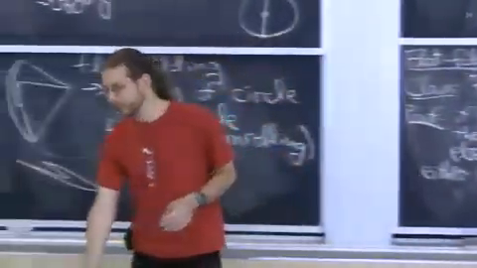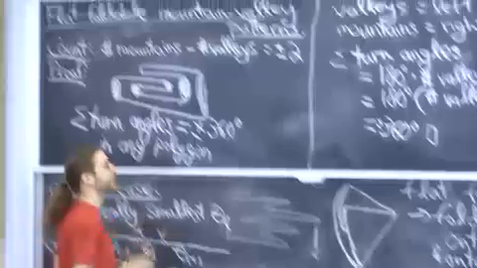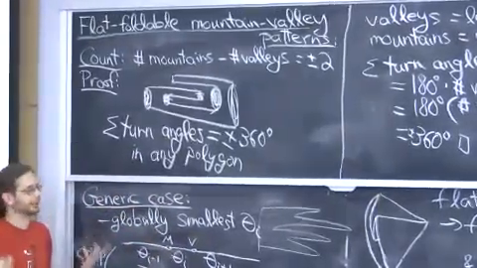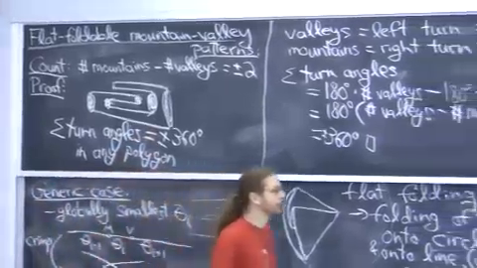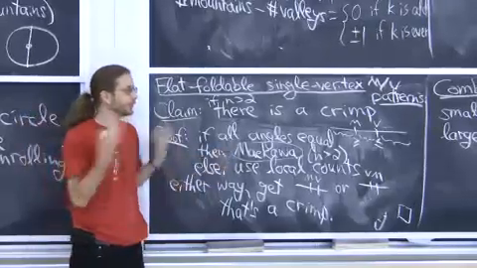When all the angles are equal, the only property you need, and you could see that from the proof, is that the number of mountains minus number of valleys is plus or minus 2, and n is even. As long as you have that, we showed here, you're going to have an alternation from mountain to valley. That's a valid crimp because all the angles are equal, and you can keep going.